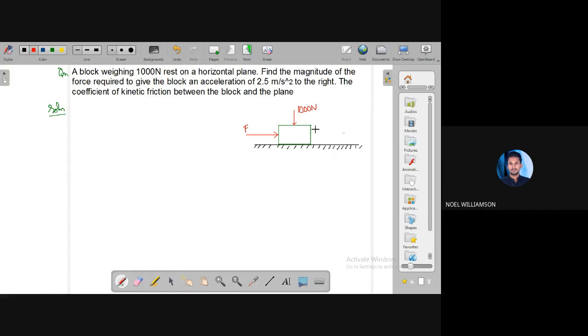The coefficient of kinetic friction between the block and the plane is 0.25. Okay, the question is given.